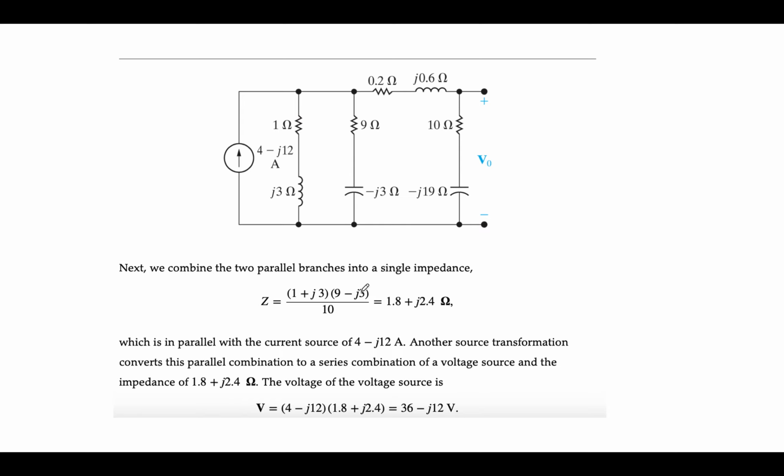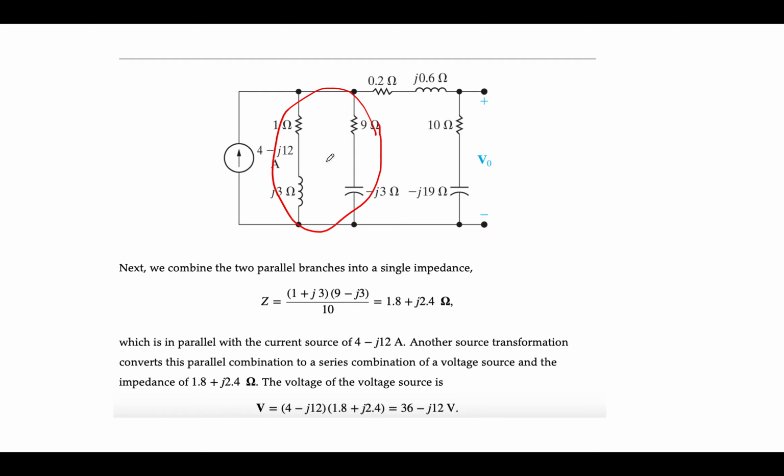I'll show you later on how to do that in MATLAB, because it's something you can also do in MATLAB, and many of you will have calculators which can multiply, divide, and add complex numbers. But you do need to understand how to convert from one to the other and how to do the complex number math.